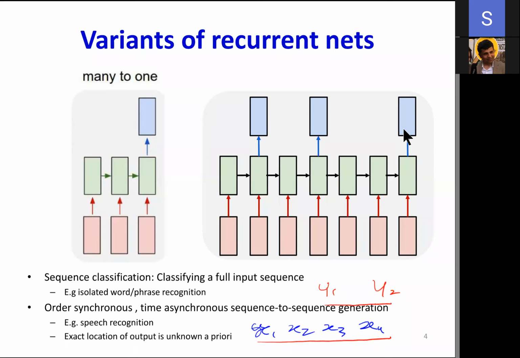So there's an order correspondence. Instead of having x1, x2, x3, x4, if I had x3, x1, x2, x4, then the output may not be y1, y2 anymore. So the order of the input determines the order of the output, but then you don't have a one-to-one correspondence. So there's order correspondence, but there's no time synchrony.